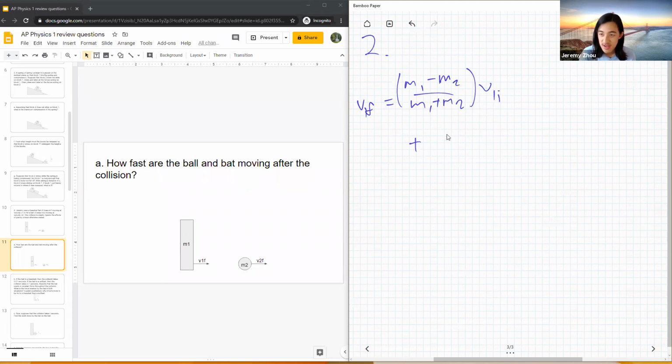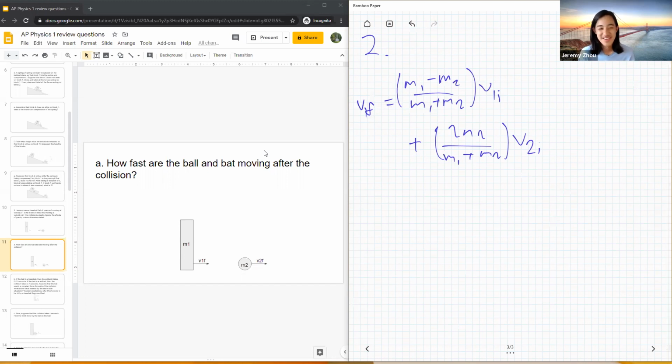V1 initial. Anyone see this before? I think you are allowed to; you can use any equation on the exam.